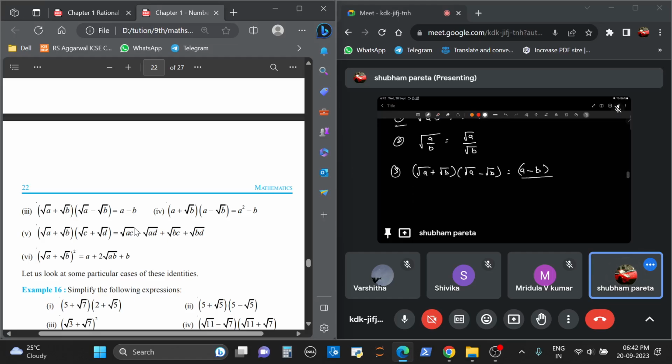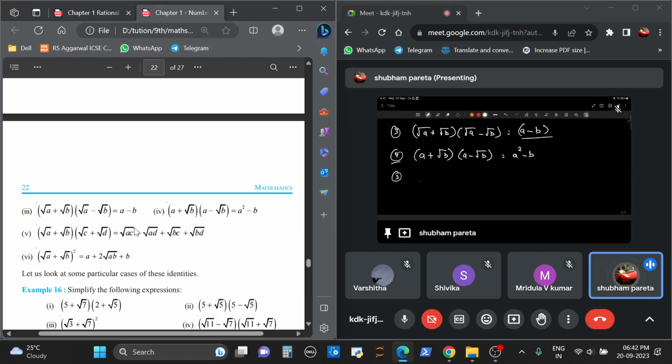The fourth property which we are getting over here all comes under the properties only. Like if I'm writing a plus under root b and a minus under root b, this is nothing but a square minus b.